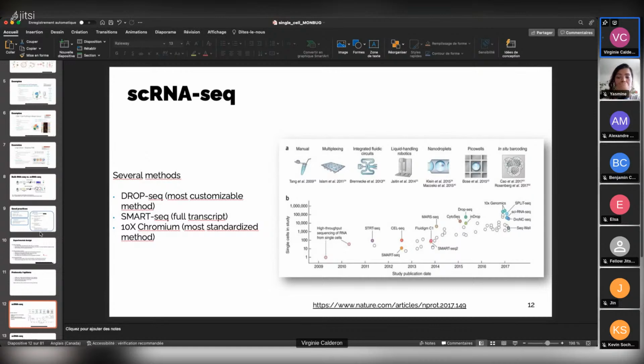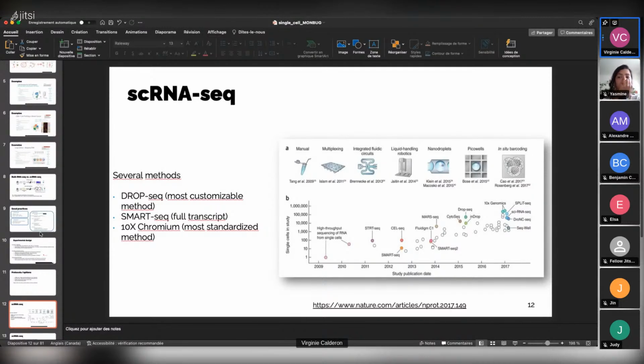Smart-seq has the advantage of giving you the possibility to capture the full transcript, the full RNA. But now the 10x Chromium is the most standardized method. So it's really easy to compare experiments done with the Chromium. There is less technical bias in this. So that's why now people are mostly using this technology as a service in facilities.